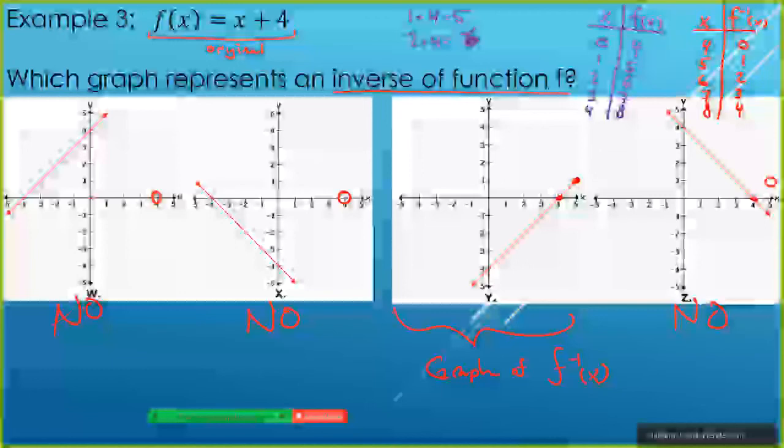And then I compared my inverse table to the options below. So feel free to take a picture of this if you want to. I'll keep it up for another 10 seconds. But I didn't want you to copy all these different graphs down. I think that might take too long and be too hard. And not the goal.